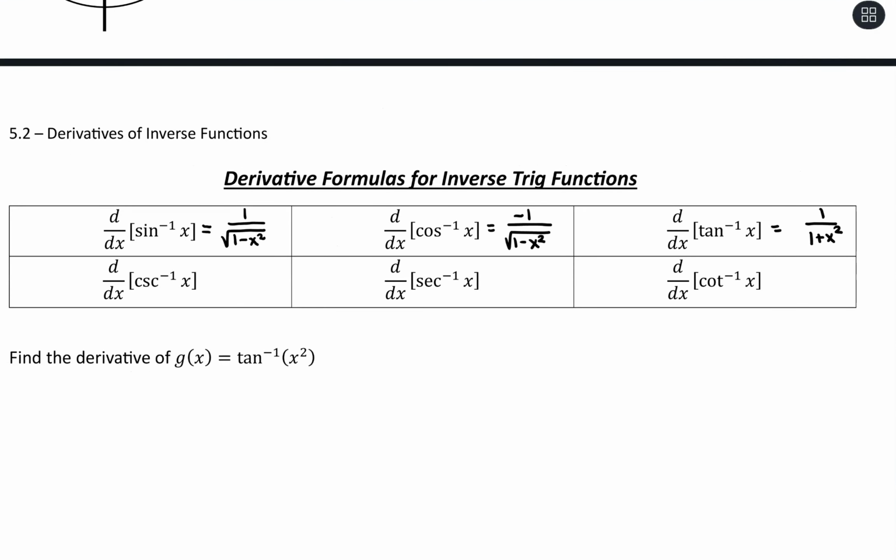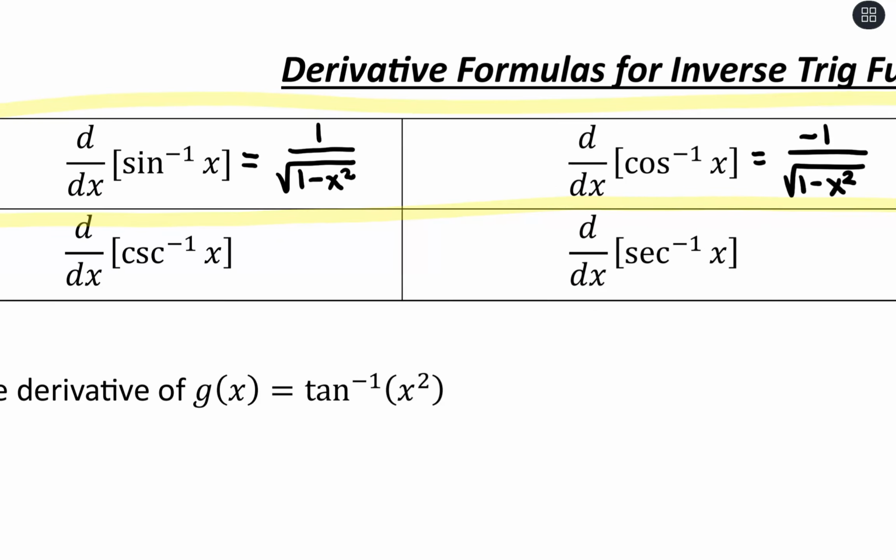And kind of similarly to before, the good ones to have memorized will be inverse sine, cosine, tangent. The other ones we'll just use to look up, but try to get sine, cosine, tangent down. So inverse cosecant is going to be negative 1 over absolute value of x times the square root of x squared minus 1.